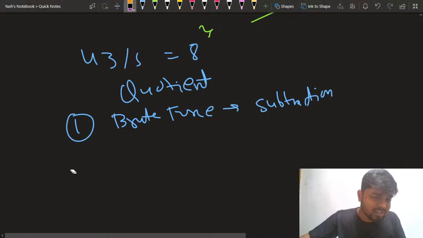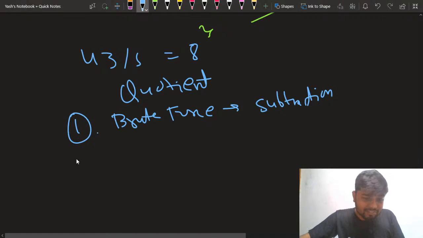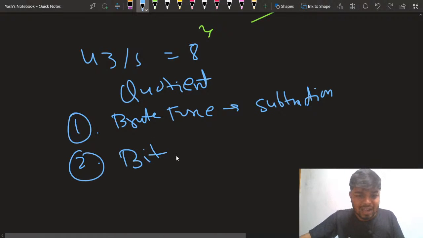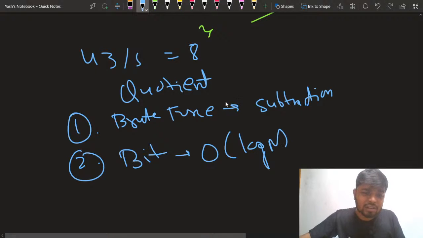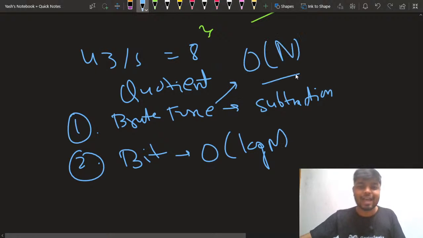The number of times you were subtracting, that was your quotient, if the number was greater or equal to the divisor. The second approach was using bit manipulation, and for this approach we took an order of log n time, and for the brute force approach we took an order of n time. Okay, everyone is clear with this? Everyone is happy with the solution, right?